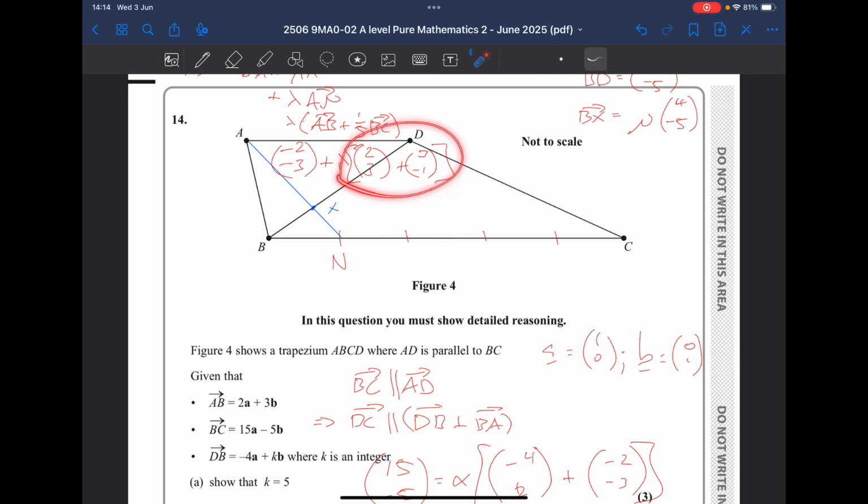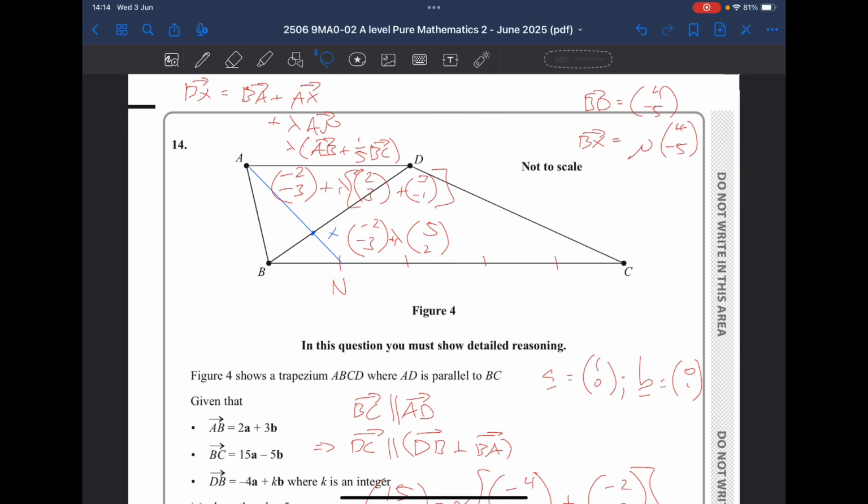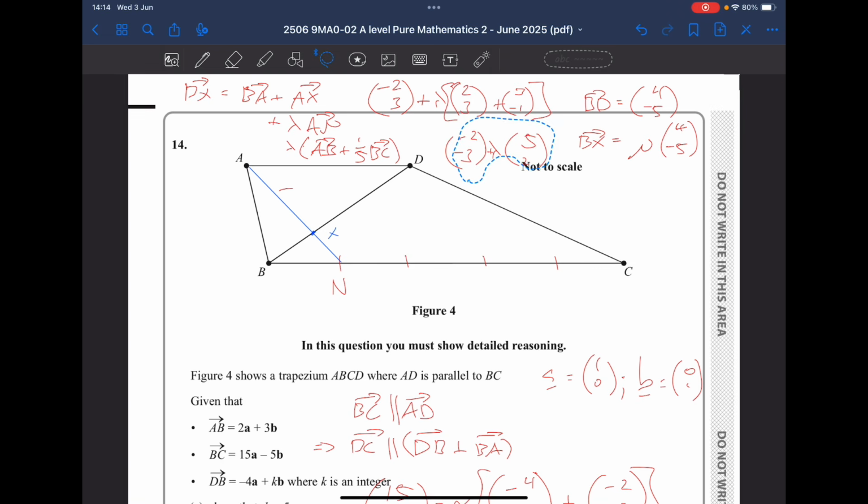Inside that big bracket, what do we have? 2 and a 3 makes a 5. 3 and a minus 1 makes a 2, and that's all times by lambda. So that is our expression. I'm going to move these slightly so they're not on the diagram. But this is our new expression for B to X.